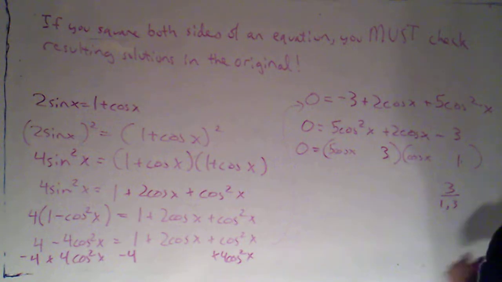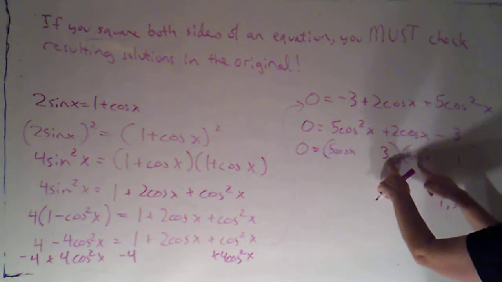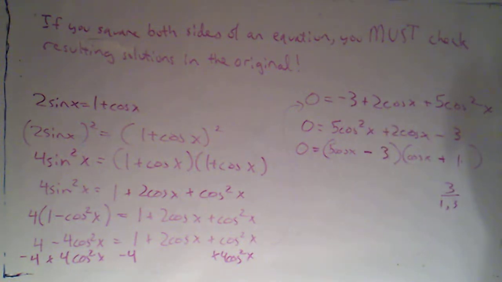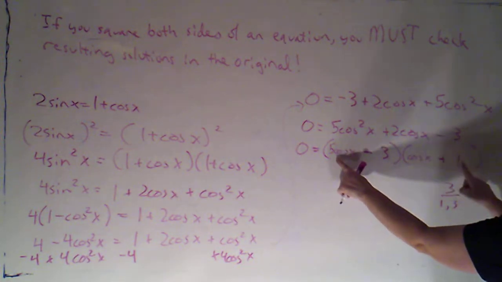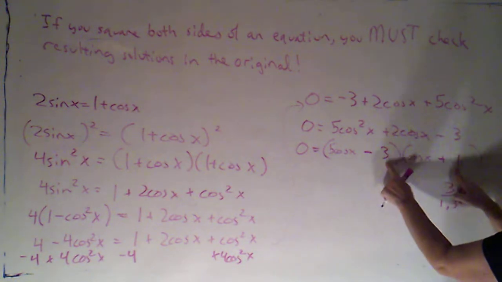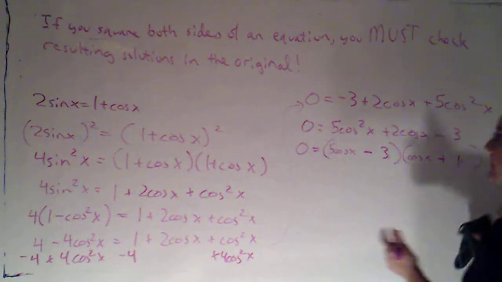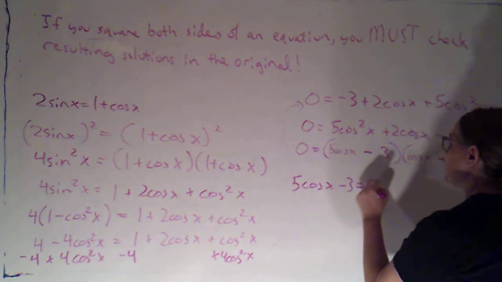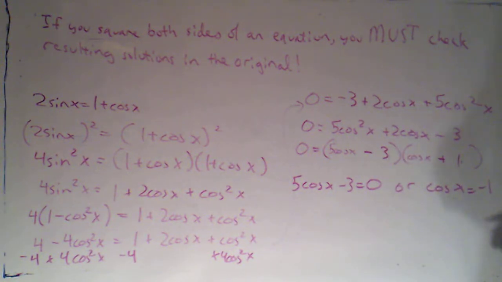Let's try the 3 and the 1. 5 cosines and 3 cosines, yep, those will subtract to give me 2. I want the 3 negative, I want the 1 positive. Let's double check. That's going to give me 5 cosine squared plus 5 cosine x minus 3 cosine x is plus 2 cosine x minus 3. Excellent. So, I've got either that 5 cosine x minus 3 equals 0 or cosine x plus 1 equals 0, so cosine x equals negative 1.